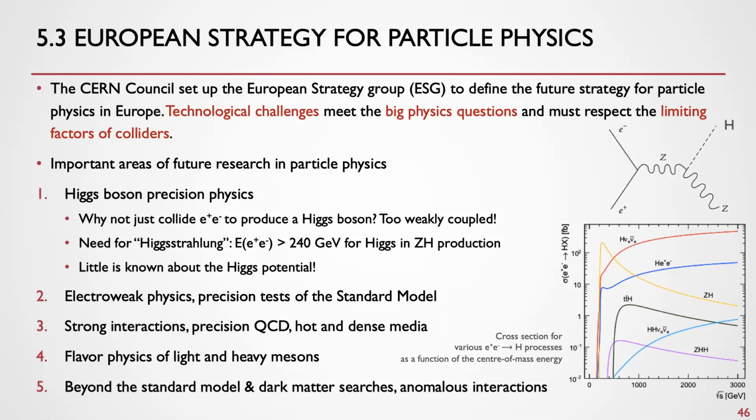You need to produce at least the mass of the Z boson and the Higgs boson, and then you have to have a little bit of energy left to push you over the threshold. Then you get a high rate of Higgs boson events. So 240 GeV is the minimum energy that's required to produce Higgs bosons in E+, E-.